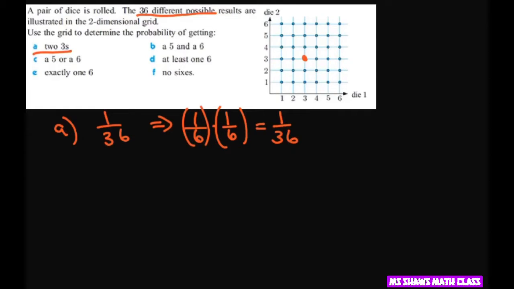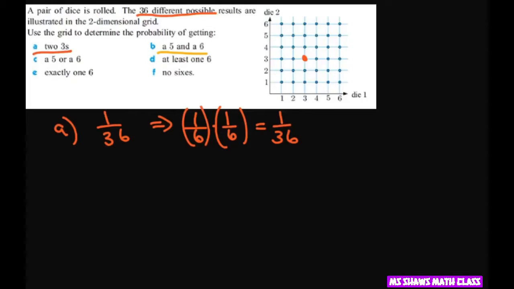That's just going to be 1 out of 36, which is 36 different possible results. You could also do it as the first die being 1/6, the second die being 1/6, because there's 6 faces on a die. So that's going to be 1 out of 36.